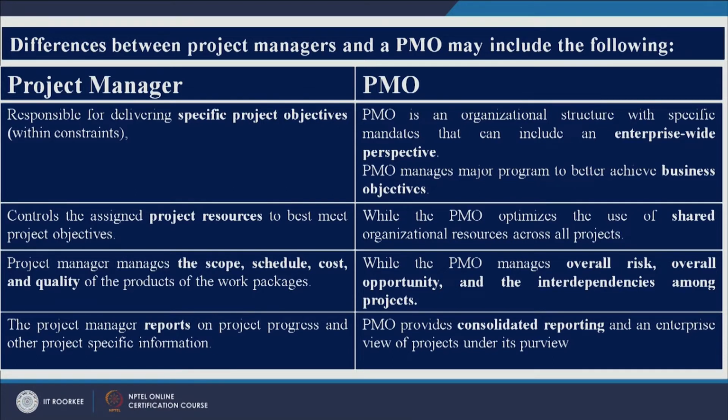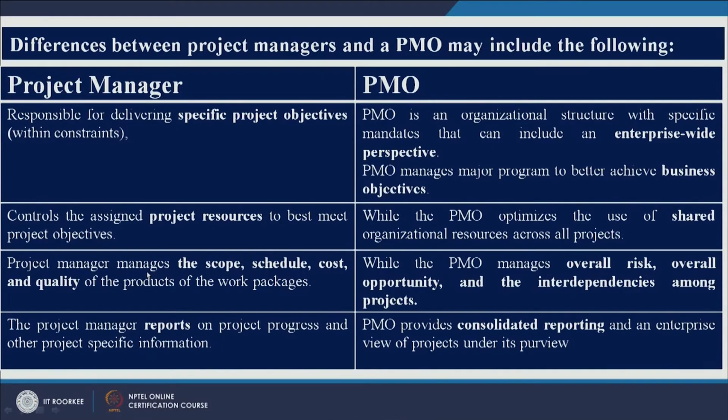The next difference is that the project manager controls the resources assigned to him and would best utilize those resources, while the PMO optimizes the use of shared organizational resources across all the projects. So the PMO has to look after all the projects, and these people have to share resources across all the projects.